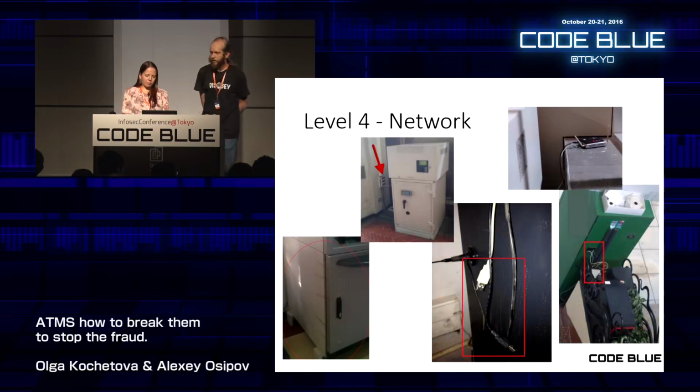When we speak about network security, it's often considered that through-the-wall ATMs are secure, but on the top left side of the slide, you can see an ATM machine that is through the wall with an exposed Ethernet cable outside of it. If an attacker connects some device to it, he can actually manage to control such an ATM machine. In many cases, service engineers are lazy, and they're exposing USB cables outside of the ATM machine.